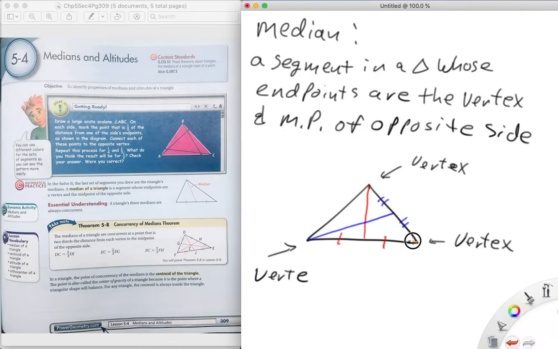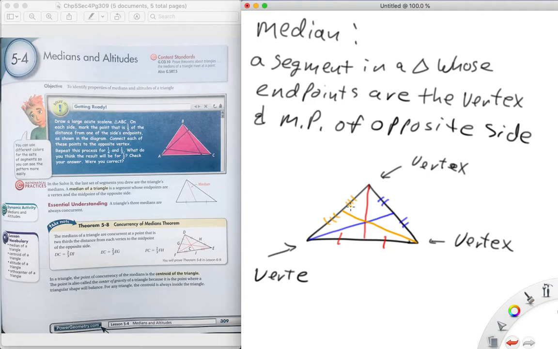And then this guy here, and over here, you have 1, 2, 3, 1, 2, 3 again. Vertex, midpoint of the opposite side. So these are all medians, a segment within a triangle whose endpoints are the vertex and the midpoint of the opposite side of that vertex.